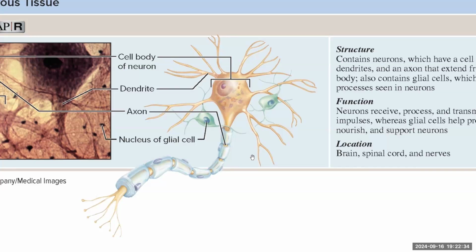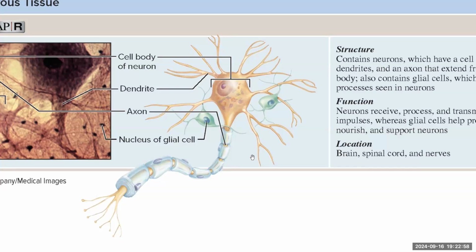Then you'll see one big process that comes off the cell body. It's this long tube-like structure. It's usually the largest process, and we call that the axon. So the dendrites receive that nerve information, and it all gets funneled down to the axon, and then the axon will transmit that nerve information to the far end of the cell. That's called the terminal segment.